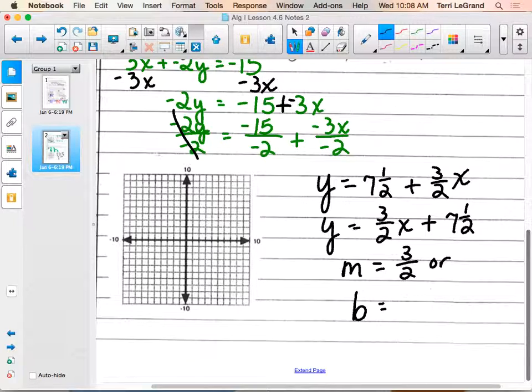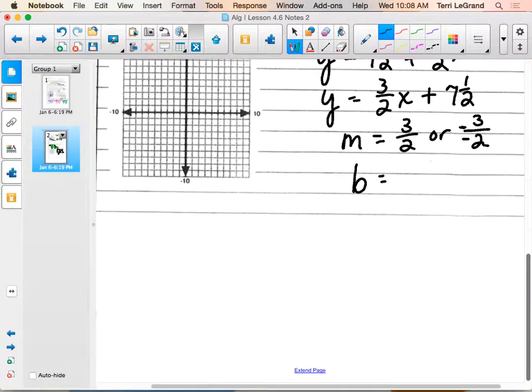We could go down 3 and to the left 2, so -3 over -2. We could make the rise and the run both negative. Whenever you have a positive slope, you can make both the rise and the run negative also.